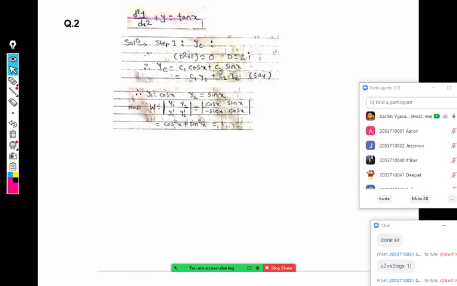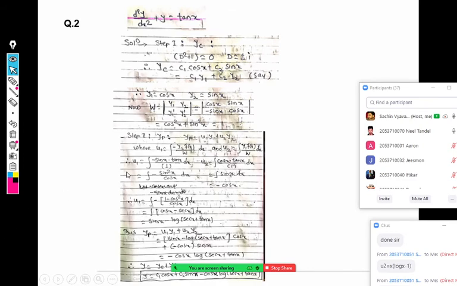Take your time. Then u1 is sin x minus log of sec x plus tan x. Correct, very good.